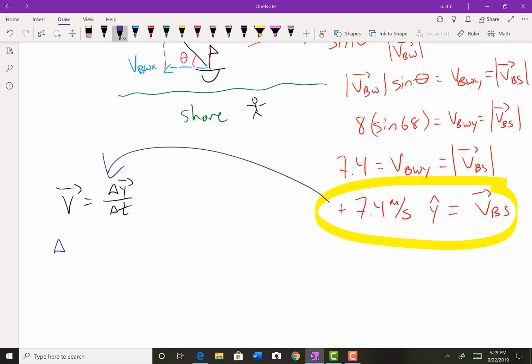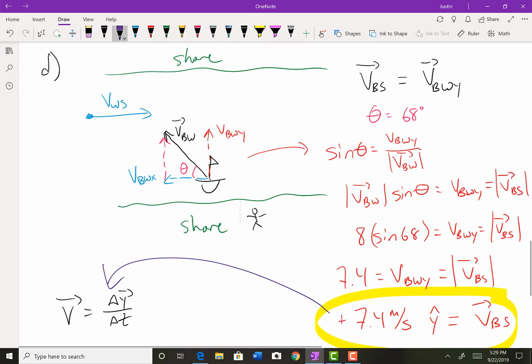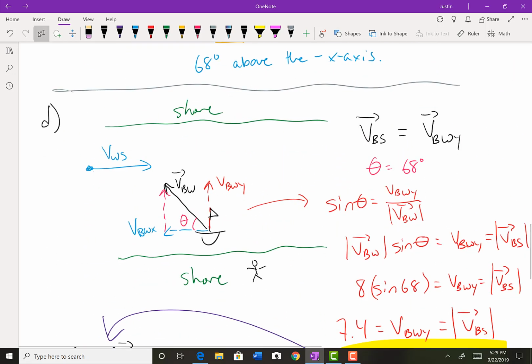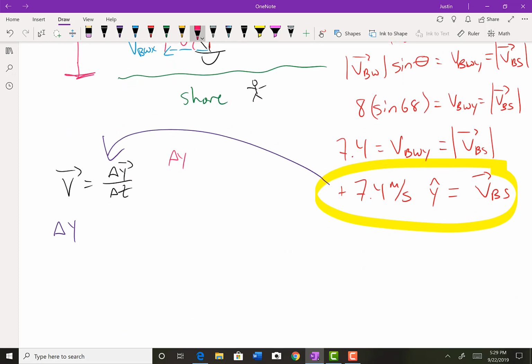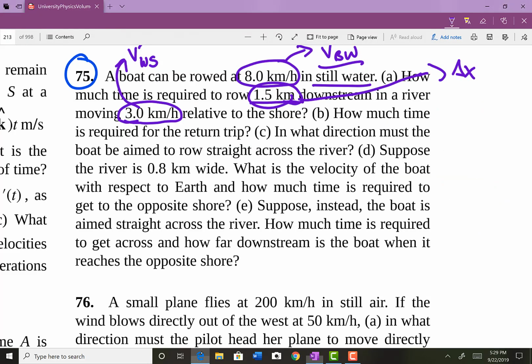I don't want to confuse. So we use delta y, which we did not label, so we want to make sure we label that. That's the distance from here to here, that I'm going to call delta y. And delta y has a value of 0.8 kilometers.